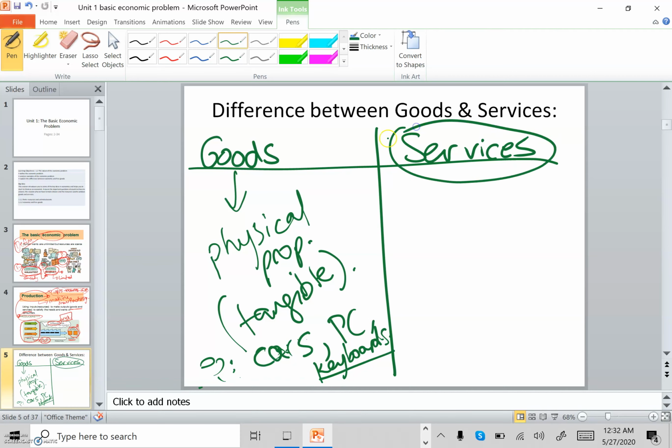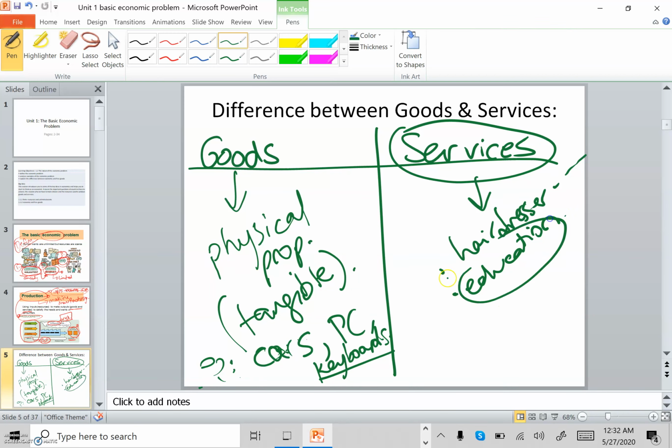Services, on the other hand, when you go to the hairdresser, they are providing you with a service. They are cutting your hair, dyeing your hair, whatever it is. Services also include education. Now, the teacher, right now I am teaching you, this is education. You do not consider education physical because you do not care about me as a person.